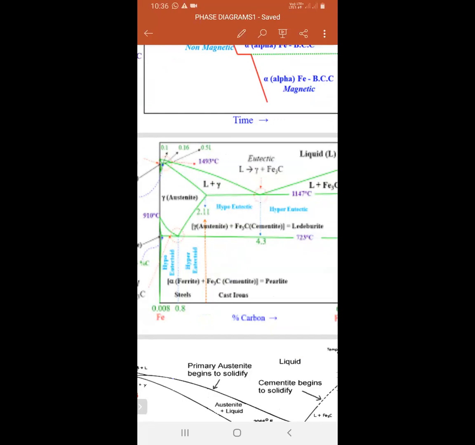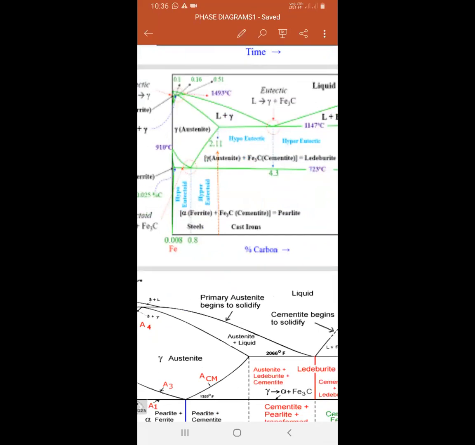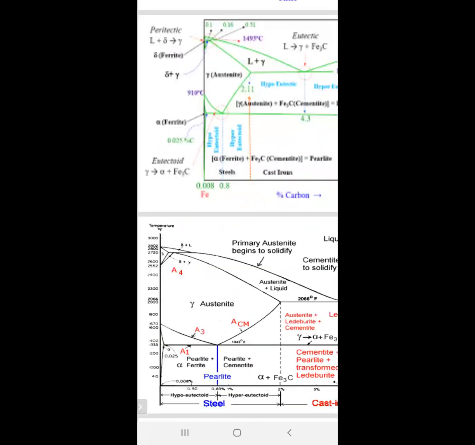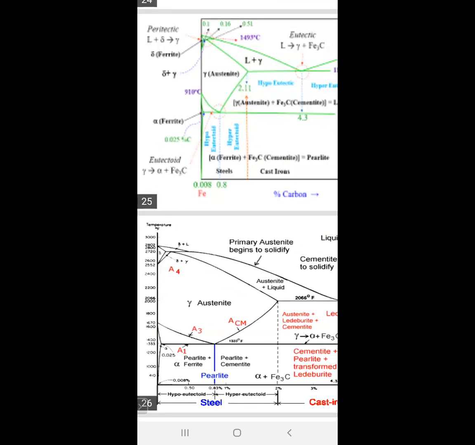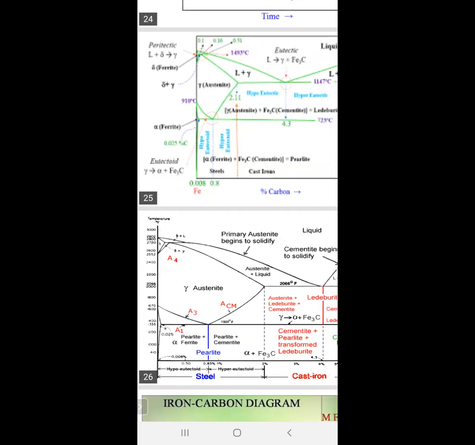Next is the eutectoid: one solid gives two solids, alpha plus another solid. This is the total iron carbon diagram.